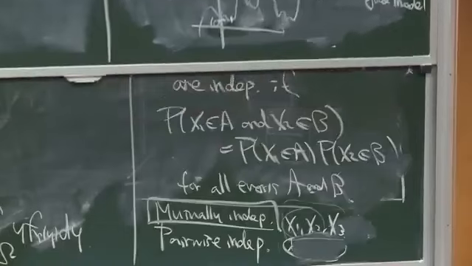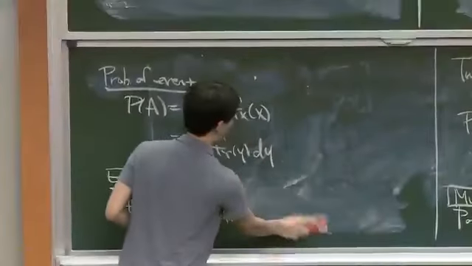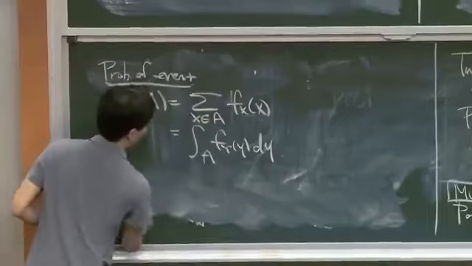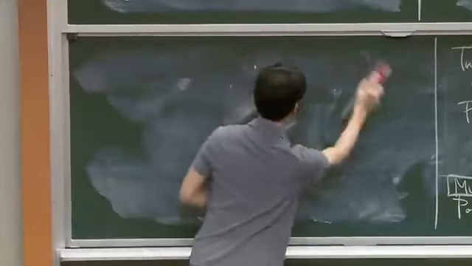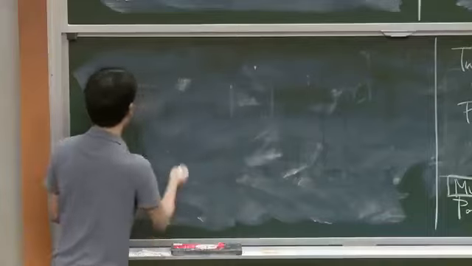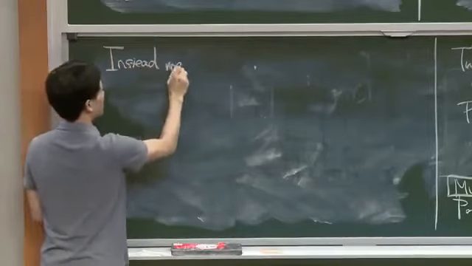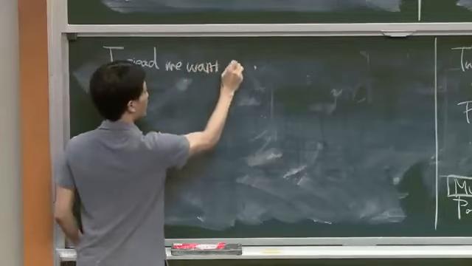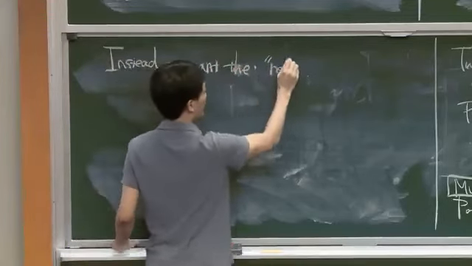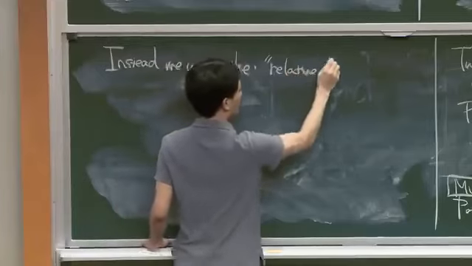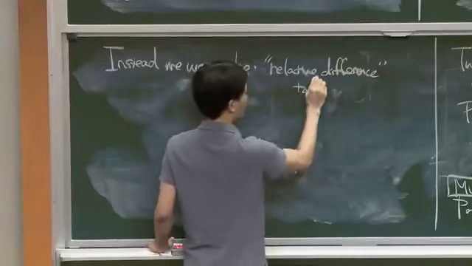But still, we can use normal distribution to come up with a pretty good model. So instead, we want the relative difference, that is the percentage, to be normally distributed.